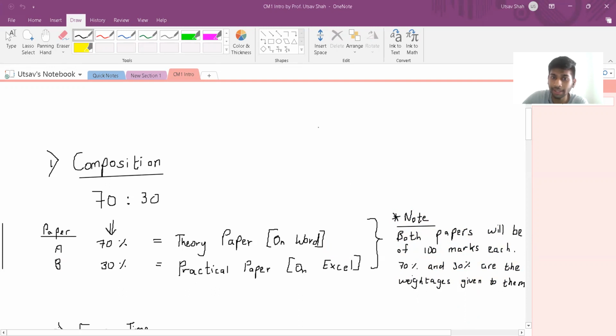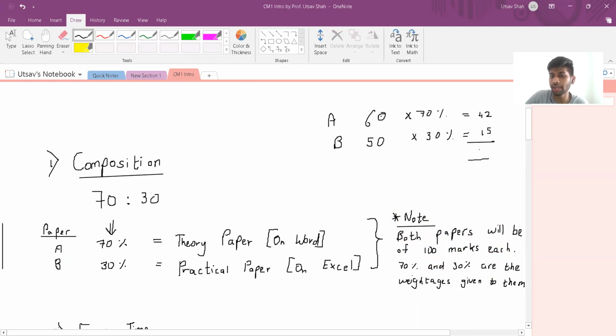Let's say in paper A you scored 60 marks, and in paper B you scored 50 marks. What will be your total? Paper A has a weightage of 70%, which will give you 42 marks from paper A. Paper B has a weightage of 30%, which will give you 15.